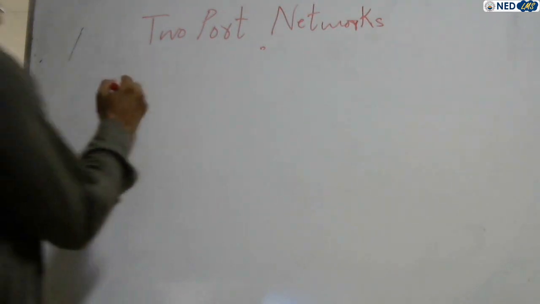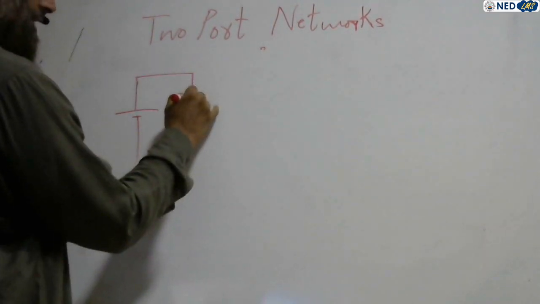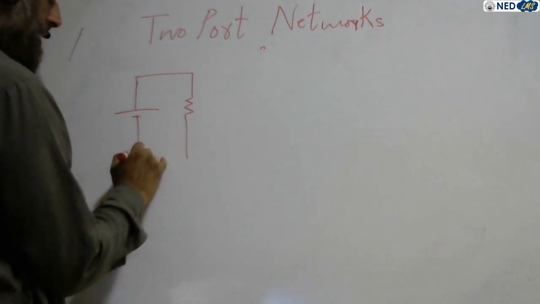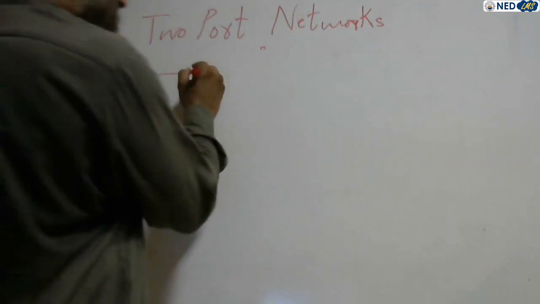Now the current division rule. Again we have to draw a circuit, a parallel circuit, because current divides in parallel. Before, we derived the voltage division rule; voltage divides in series. So this is parallel.